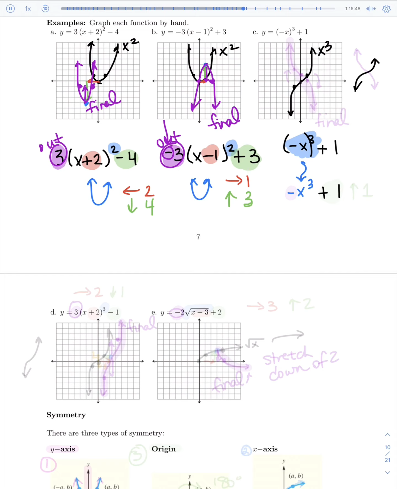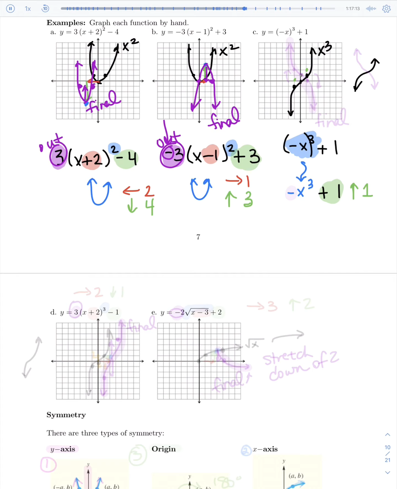So let's take a look at what all this is going to do. Well, first of all, we have a plus 1. That's going to shift my entire graph up 1. So now I'll have my 3 points here.